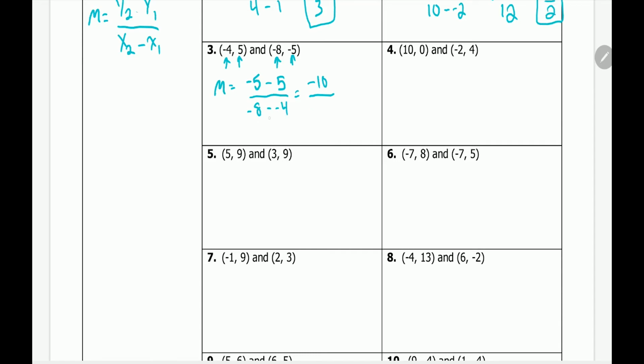That's the same thing as -8 plus 4, which gives me -4. These things can reduce, so that gives me a positive 5 over 2. The two negatives cancel, and then 10 over 4 can be reduced to 5 over 2. That's going to be our answer for number 3. And 4 through 12 are yours to do by yourself.